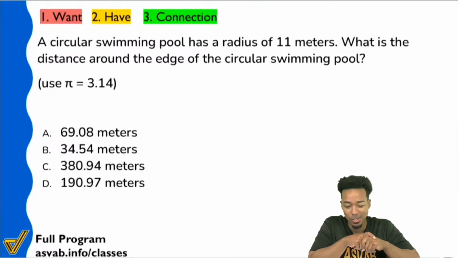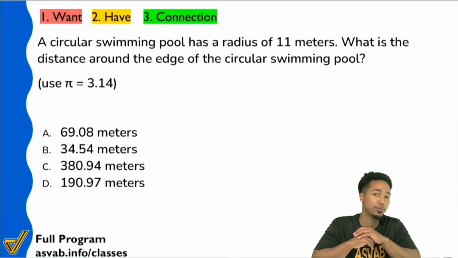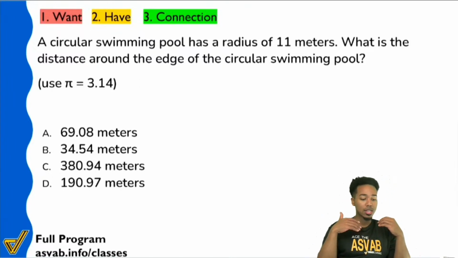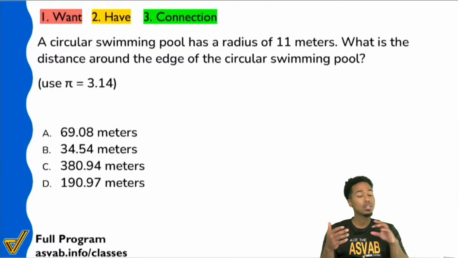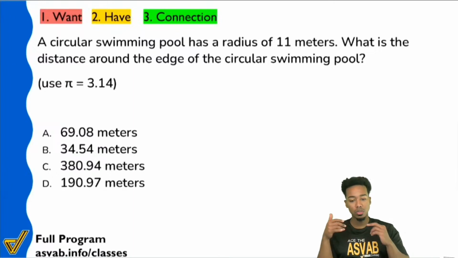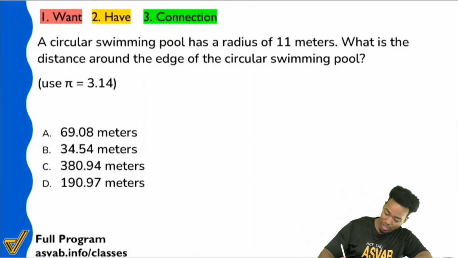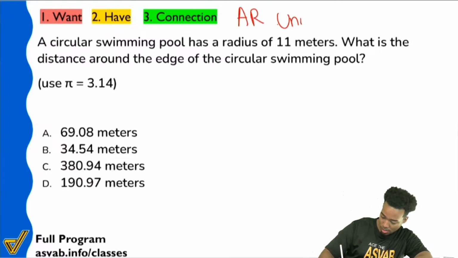Good. And it's totally cool if you're confused, as long as you're able to understand where it is that you're confused. So let's go through that essential 3-step process again. Step 1 being, what is it that we want? There are times when it comes to geometry word problems like we're doing here, specifically this is unit 9 from arithmetic reasoning, and this is going to be circles.